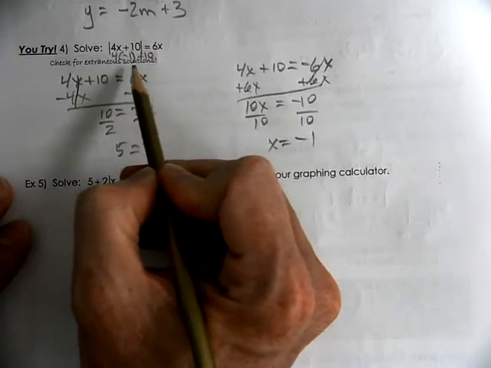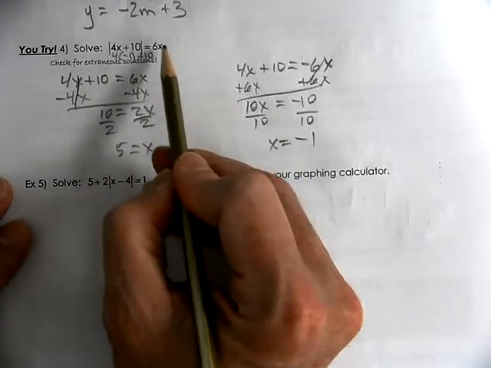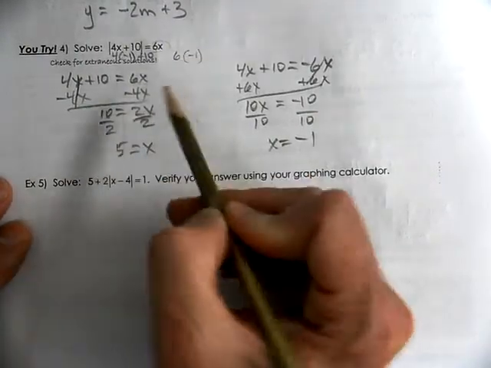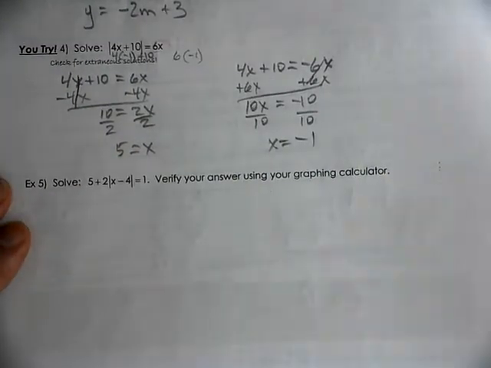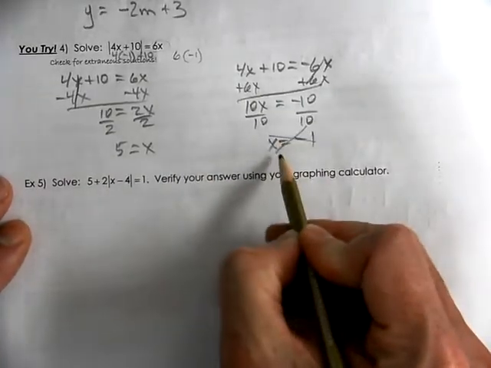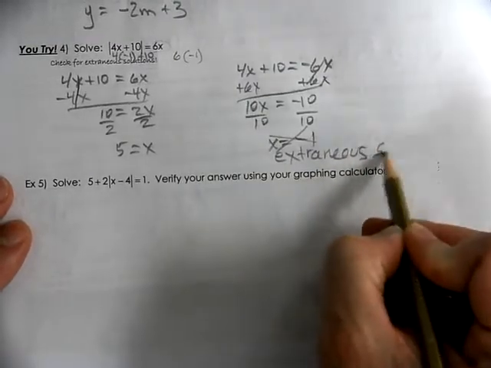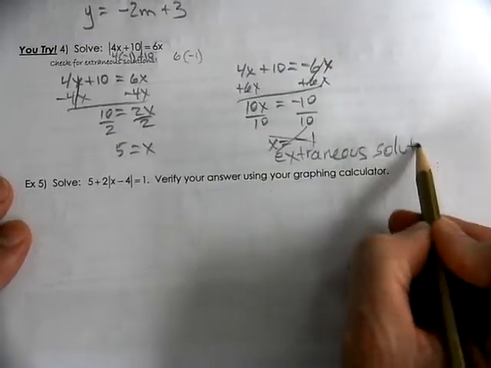That gives me 6. But when I plug the negative 1 into this side, I get negative 6. So 6 and negative 6, not the same thing. So this is your extraneous solution. A lot of times it's the positive answer, like I said.